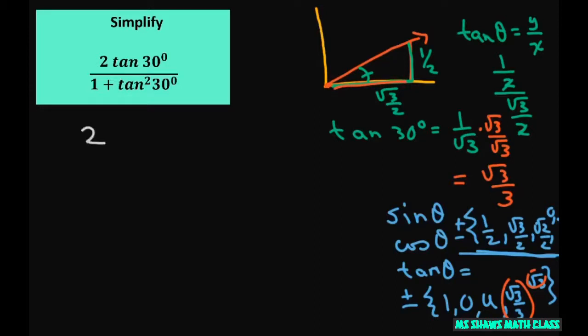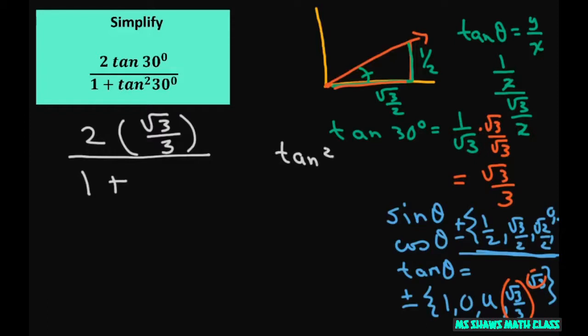Okay, so let's fill this in. We have 2. Now tan of 30 is square root of 3 divided by 3. And then you have 1 plus tan squared of 30, which is the same as tan of 30 degrees squared.